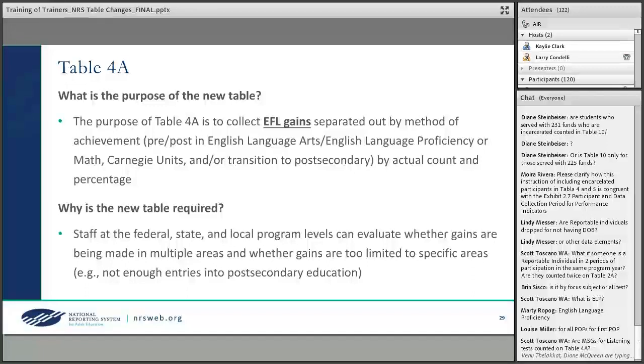So, for example, if the state was just giving MSGs for high school equivalencies, that would be transparent. That would show up in this table. Or for example, not enough attention being paid to post-testing or post-secondary ed or whatever the mix is. It just lets us look at each state to see how MSGs are being provided.